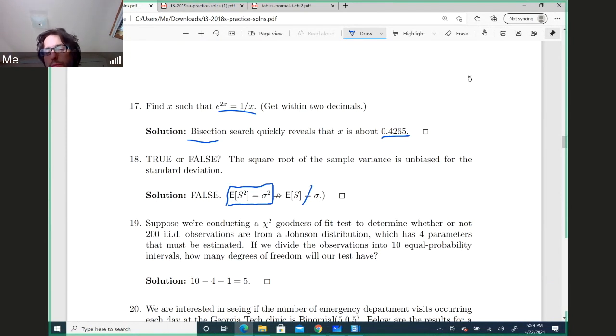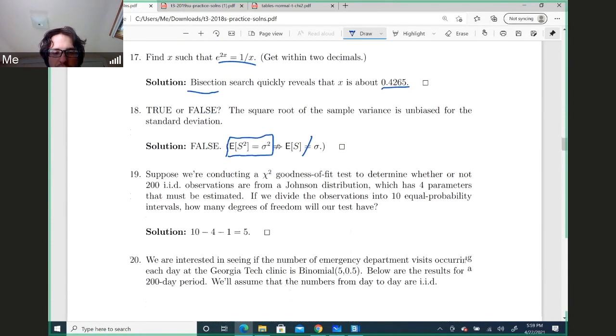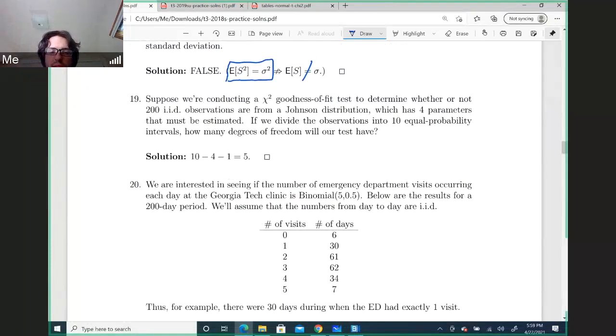Mathematically you can prove it to yourself, but this is just a really good-to-know fact. And it's a pretty common test question, as you can see here. So that's good to know.